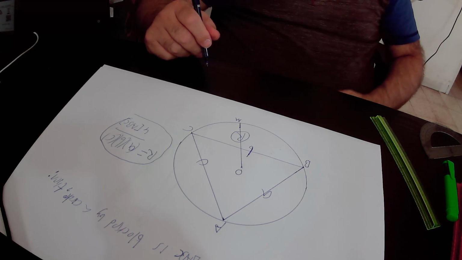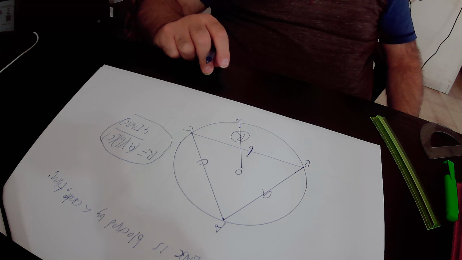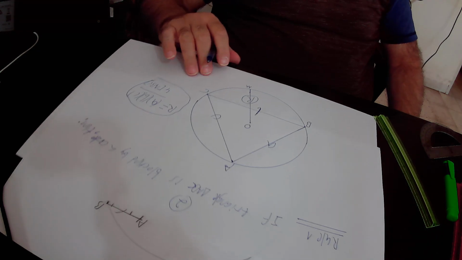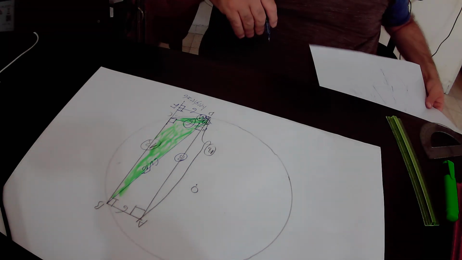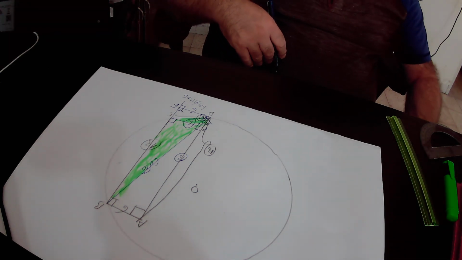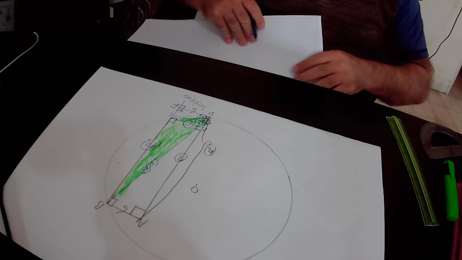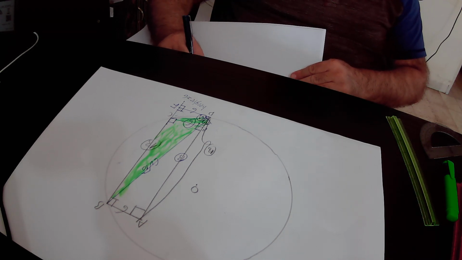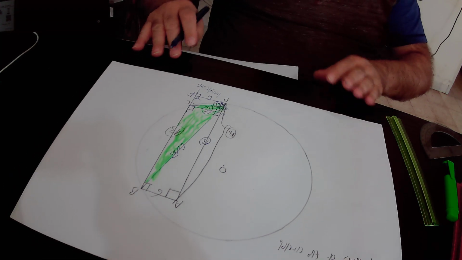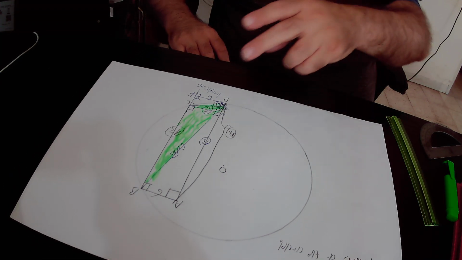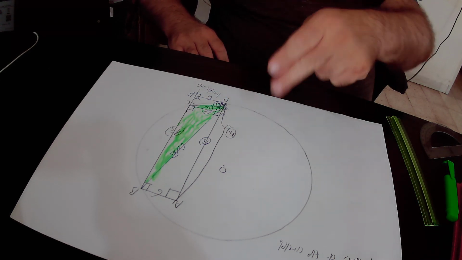Actually, you can implement this rule number 1 in our drawing. Why? Because in our drawing we have the green triangle BDC, but that is blocked by this circle.